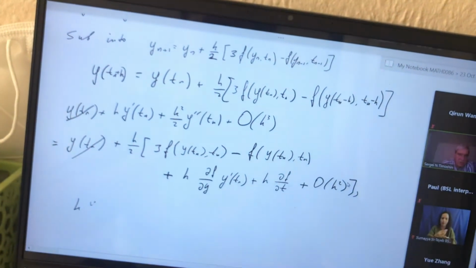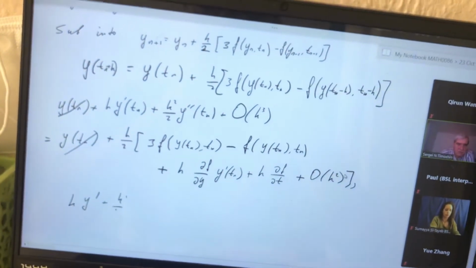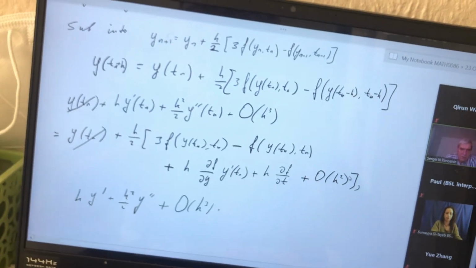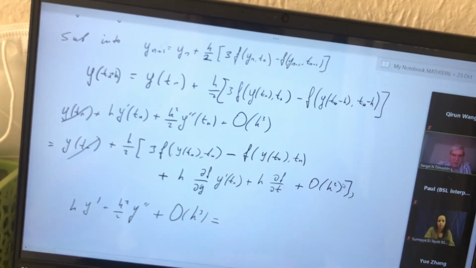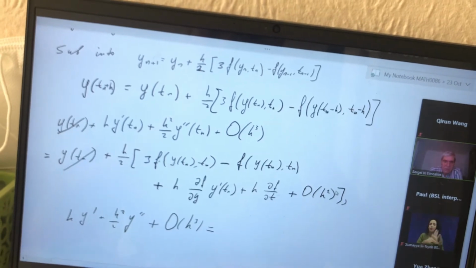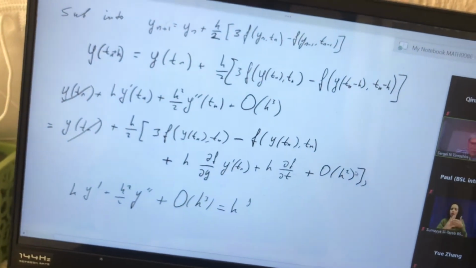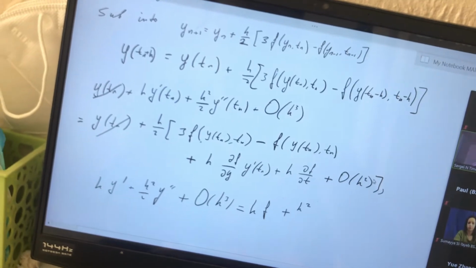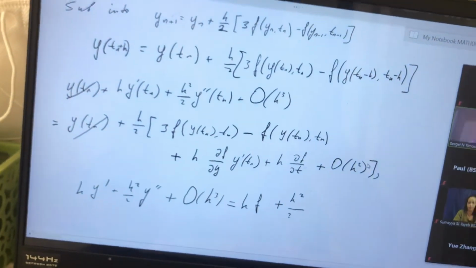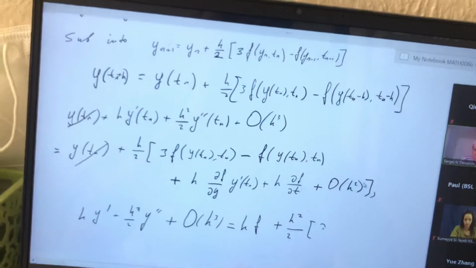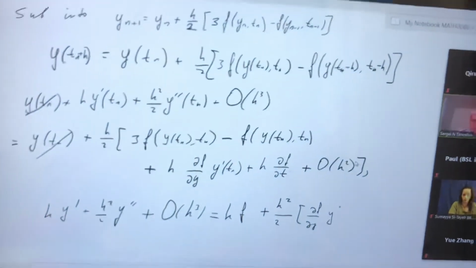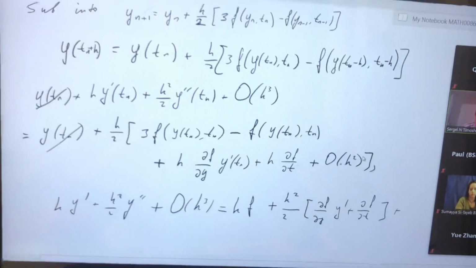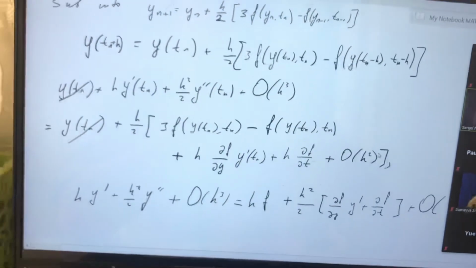So I have h y prime plus h squared over 2 y double prime plus a term of order h cubed equals 3f minus f, which will be 2f, divided by 2, h times f. Then h squared over 2, df dy, y prime, plus df dt, plus the error term of order h squared times h, order h cubed.